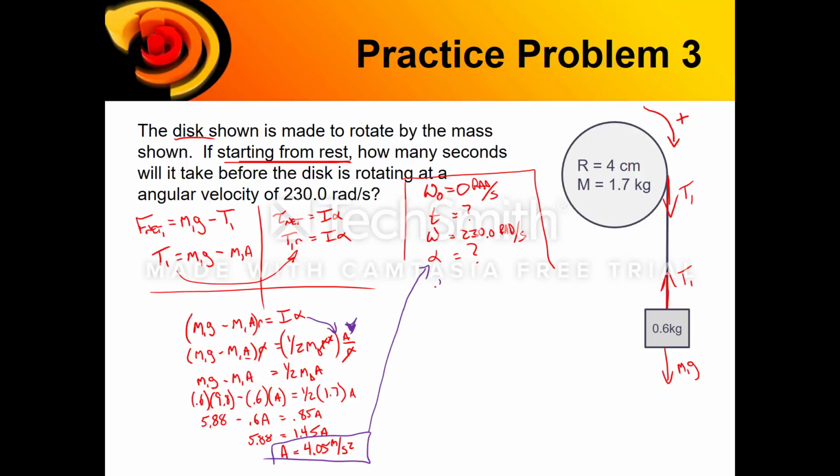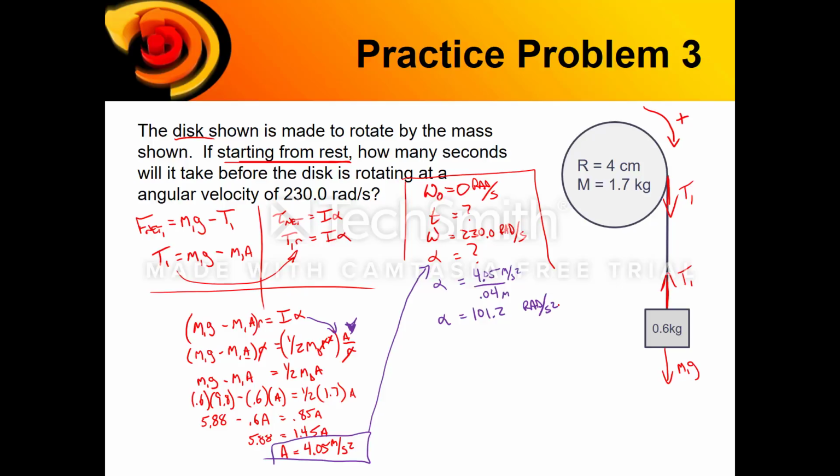So alpha is equal to 4.05 divided by r, which is 0.04 meters. Right, this is meters per second squared. Put that in my calculator, and I get that alpha is equal to 101.25 radians per second squared.